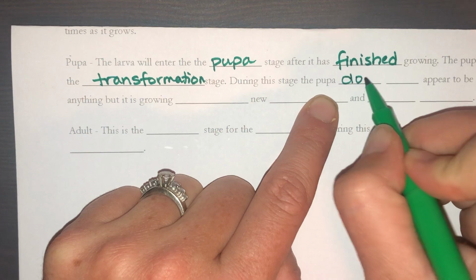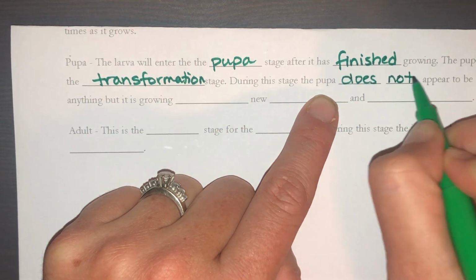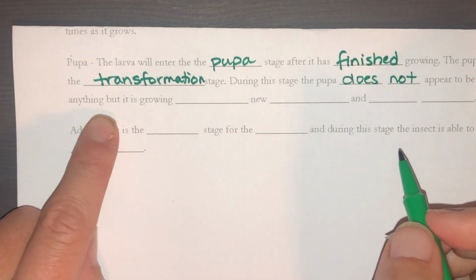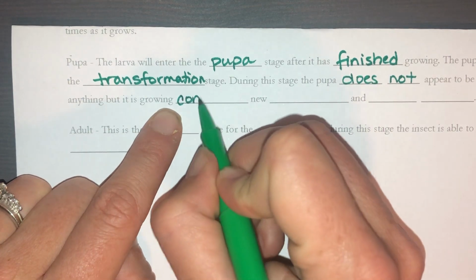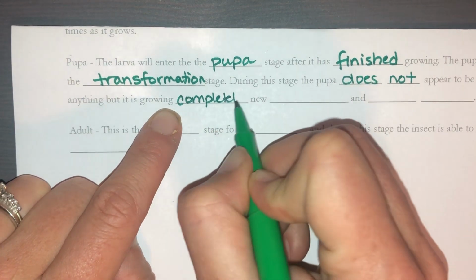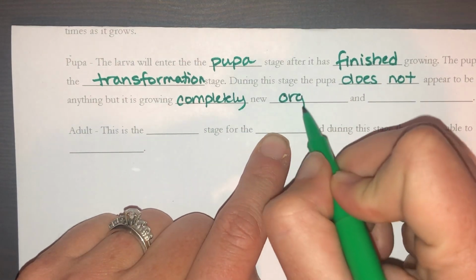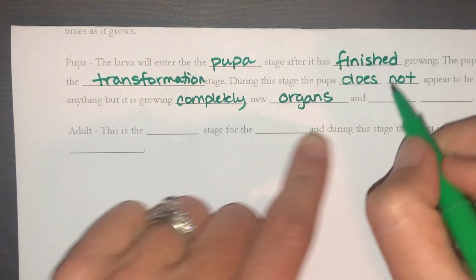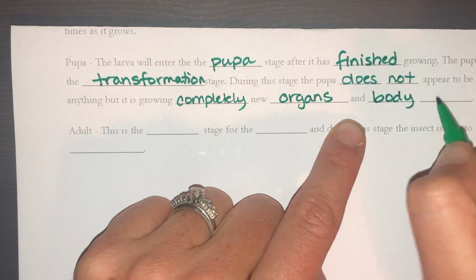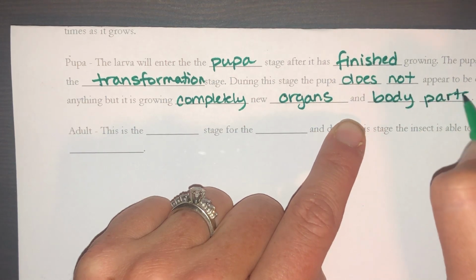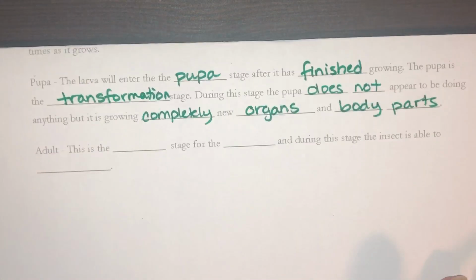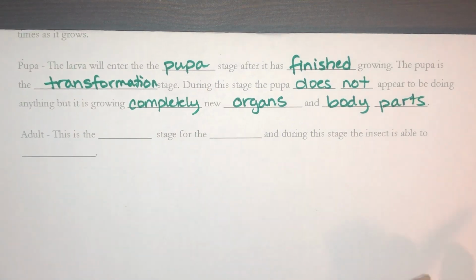And so during this phase, it does not really appear to be doing much, but it's growing completely new organs and other body parts, like wings. And so the reason it has to finish growing is because inside the chrysalis, there's only a set amount of room.